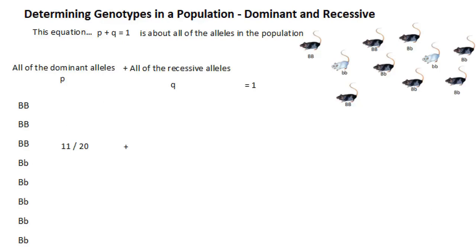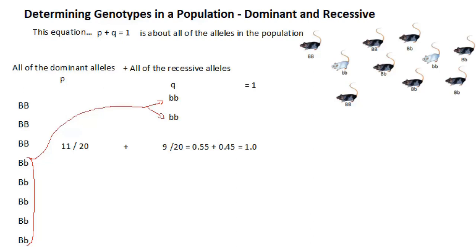Now let's count up all the recessive alleles. We've got the 2 white mice, that's 4 recessive alleles here. But then we have these other recessive alleles from the heterozygous individuals. We have another 5 here for 9 out of 20 recessive alleles. Now 11 out of 20, that's 0.55, plus 9 out of 20, which is 0.45.